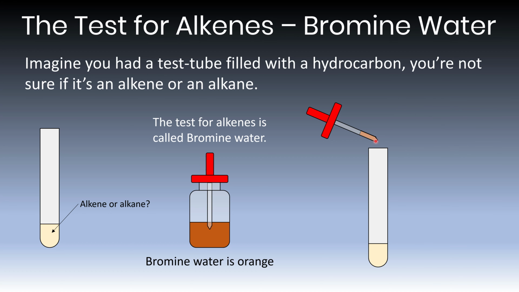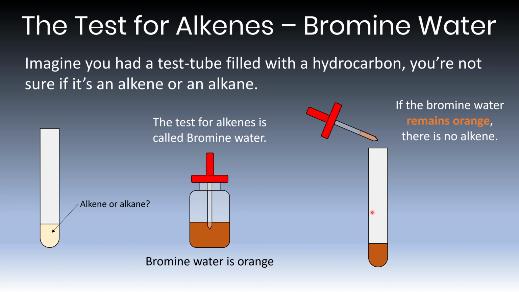Alternatively, if you just popped that bromine water in and it remained orange, then there's no change from the colour of the bromine water, so therefore you're not looking at an alkene. Now, because you're adding the bromine water to the sample, what will actually happen here is the orange colour of the bromine water will almost shine through in the sample.